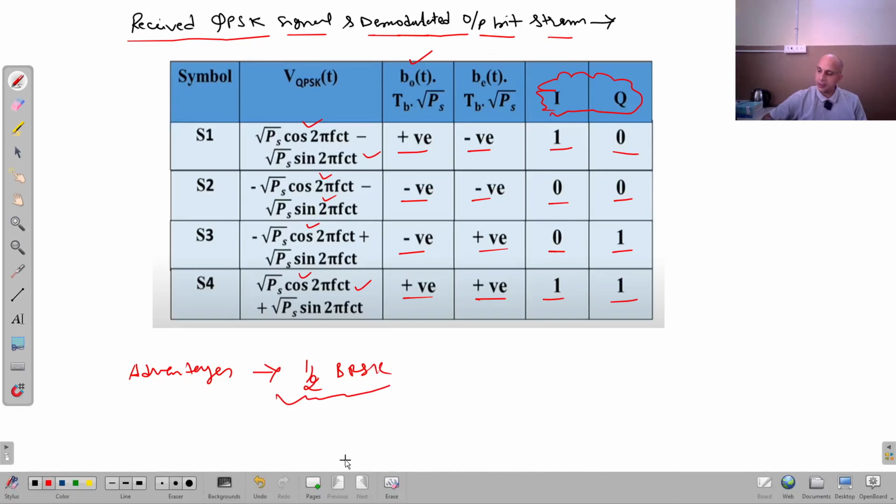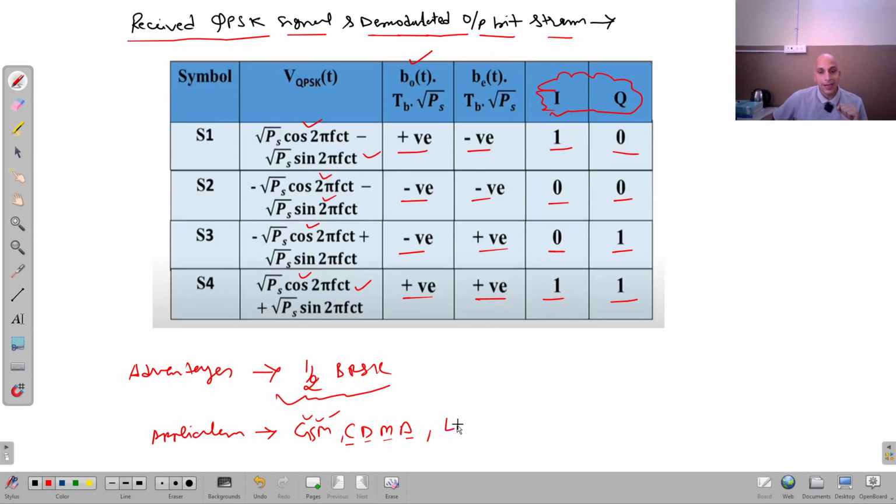As far as applications of QPSK are concerned, this modulation and demodulation technique is often used in mobile communication, that is GSM or CDMA, code division multiple access, global system for mobiles.